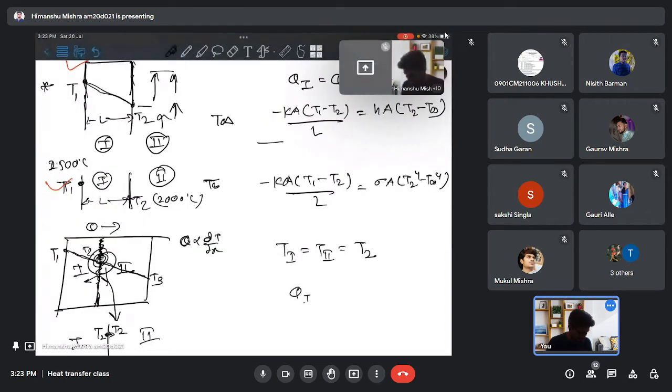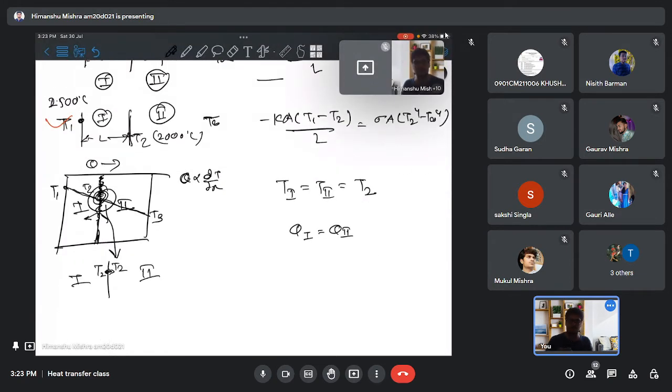My heat transfer in the first slab is equal to the second slab, and in both slabs the heat transfer will be governed by Fourier's law, which is Ka ∂T/∂x, and Kb.